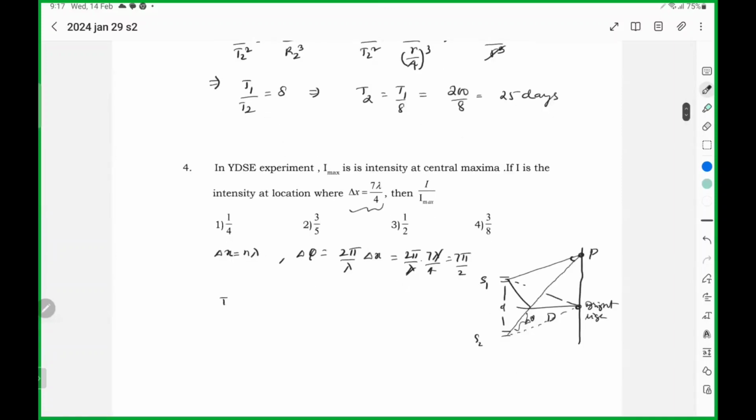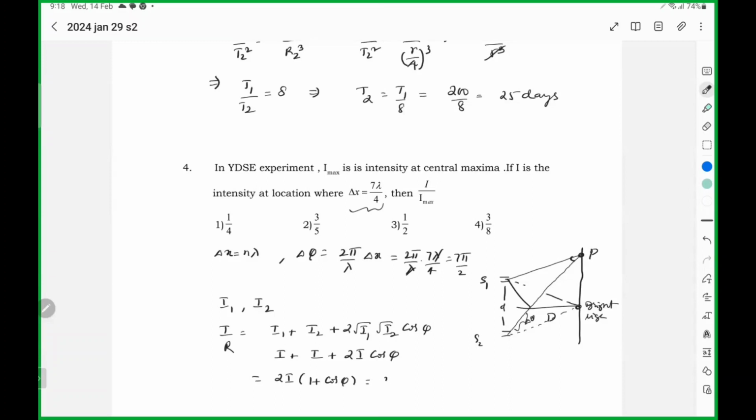So two waves of intensity I1 and I2, they interfere, then we get intensity I equal to I1 plus I2 plus 2 root I1 I2 cos phi. If intensity of each wave is same, then we have 2I plus 2I cos phi, which is the resultant intensity 2I into 1 plus cos phi.